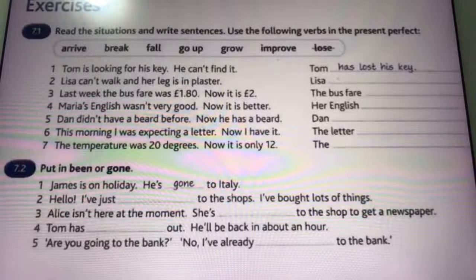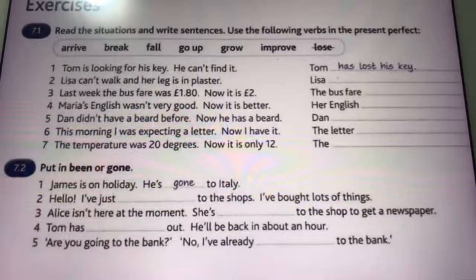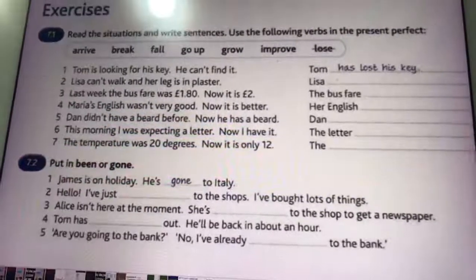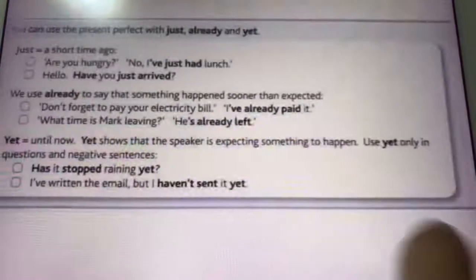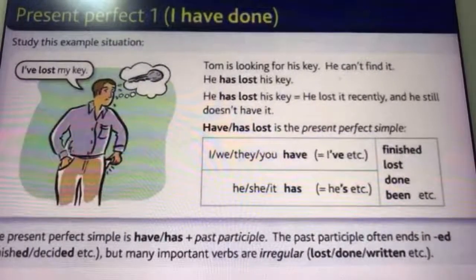Okay, very good. So the temperature has fallen. Okay, Mizuki, let's have a review. Okay, I know this is difficult. Okay, so let's have a review.